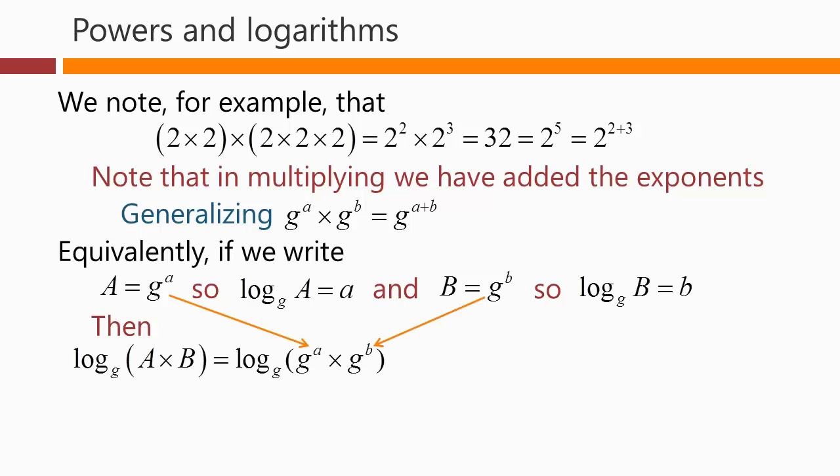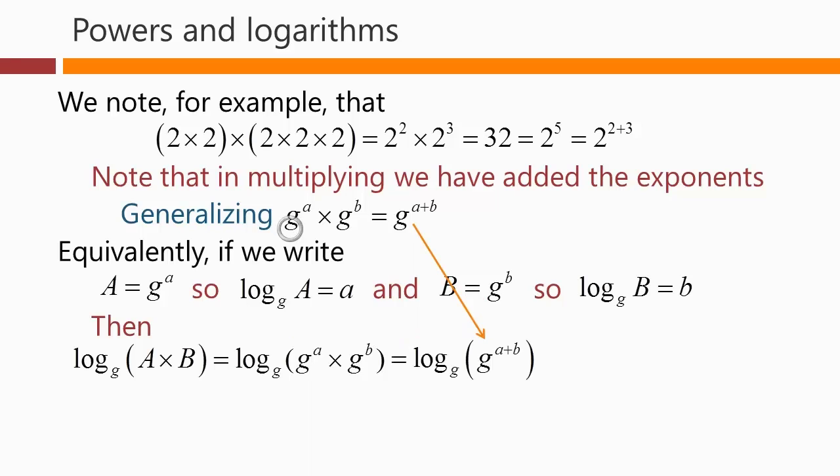Then the log to the base g of this product, A times B, is log to the base g of g to the power a, because A is just g to the power little a, times g to the power little b, because uppercase B is just g to the power little b.